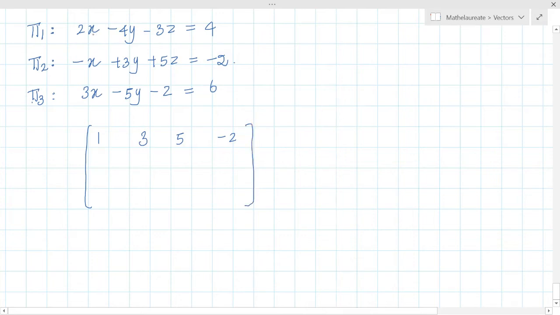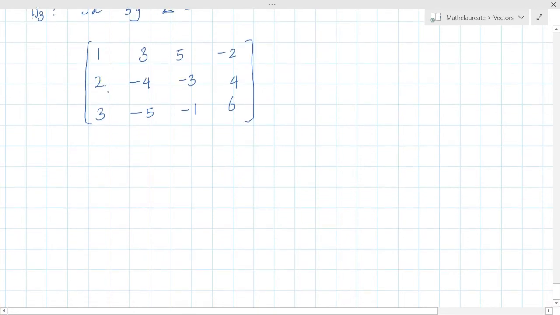And I write the first equation as the second row, which is 2, minus 4, minus 3 and 4. The third row coefficients are 3, minus 5, minus 1. This is z, which has a coefficient of 1, minus 1 and 6. As you know, our aim is to make these terms zeros.